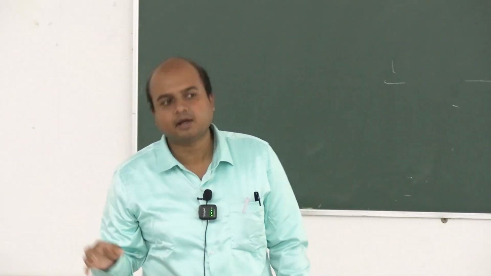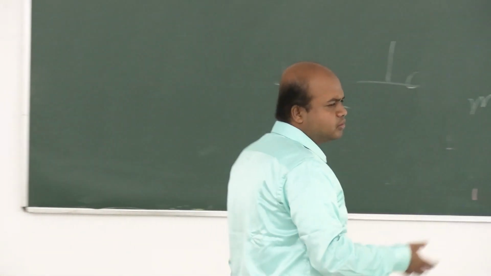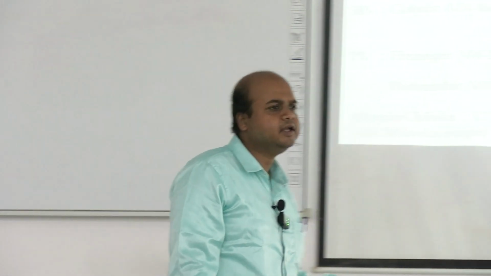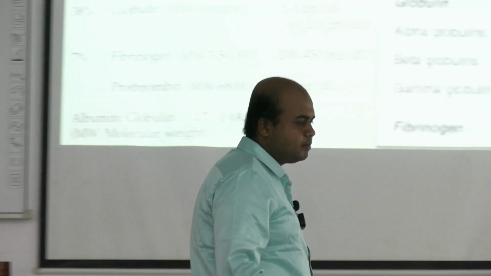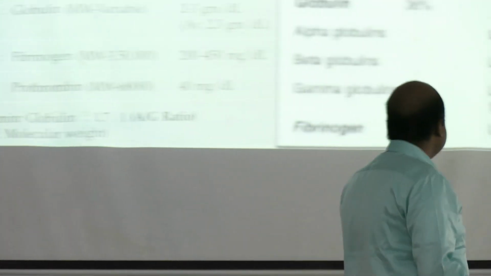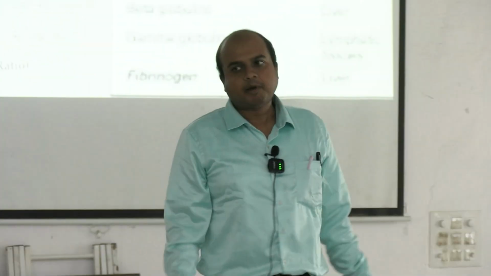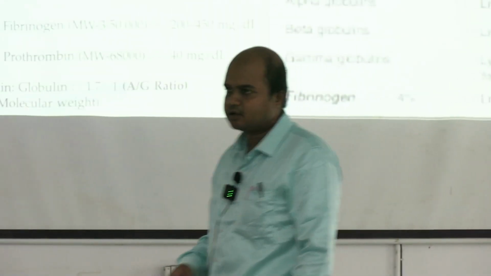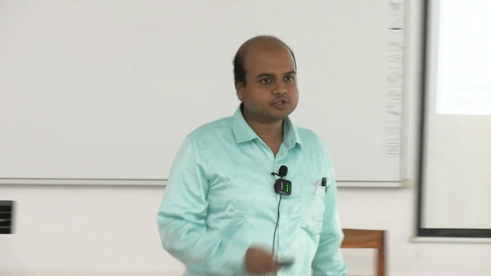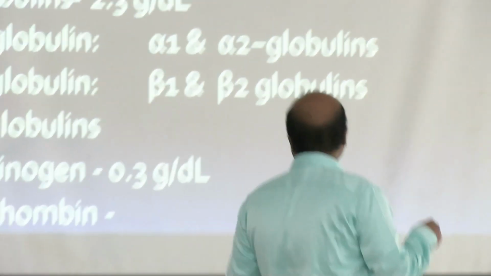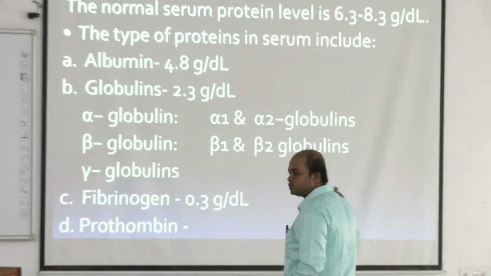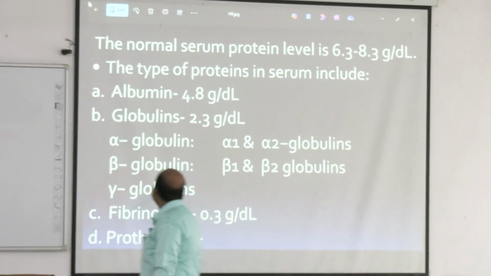These terms originated in Greek or Latin; alpha, beta, gamma are Greek alphabets. Among globulins there are alpha globulins, beta globulins, and gamma globulins, which, as just mentioned, come from B lymphocytes. Fibrinogen is very little. Alpha globulin has two subtypes, alpha 1 and alpha 2, and beta has beta 1 and beta 2.